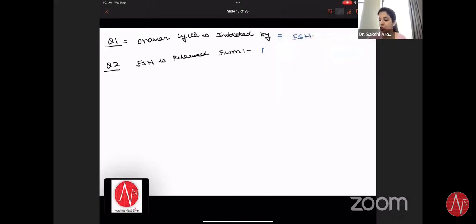FSH is released from anterior pituitary.